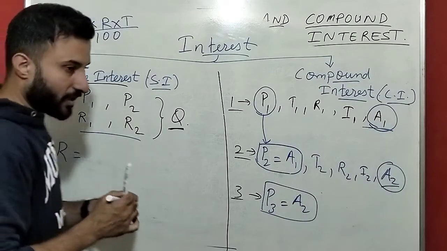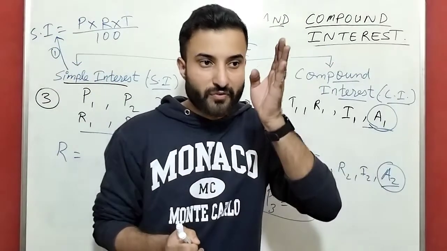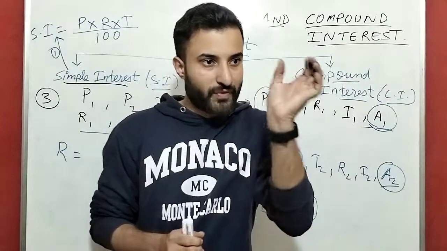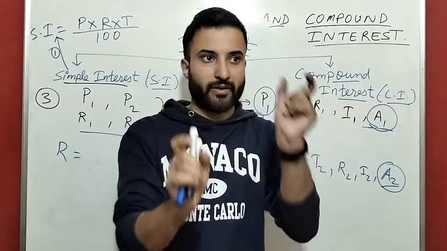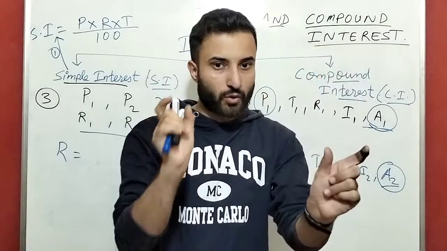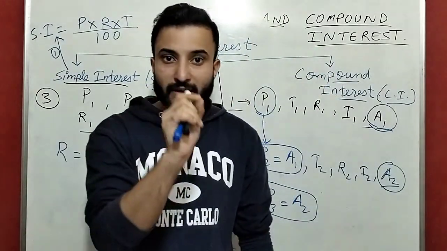See guys, the second formula is: if we have two amounts and two time periods, that formula is for finding the rate of interest.